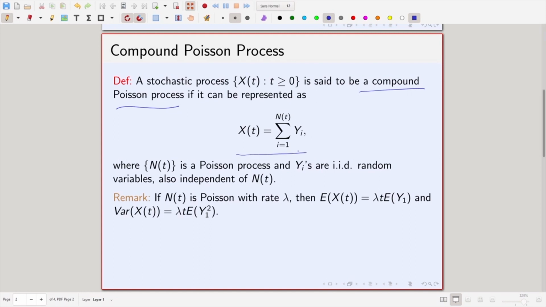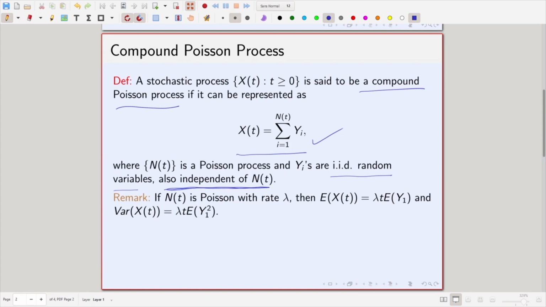X_t is the summation, i running from 1 to N_t, of Y_i, where N_t is a Poisson process with some rate lambda and the Y_i's are iid random variables with some distribution which is also independent of N_t. So, X_t is a random sum where the upper limit of summation N_t is a Poisson process with rate lambda and the summands are iid random variables, but the important thing is that these Y_i's are also independent of N_t. If X_t can be written in this way, then we say that the stochastic process X_t is a compound Poisson process.